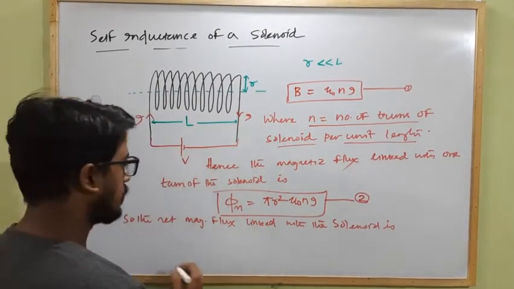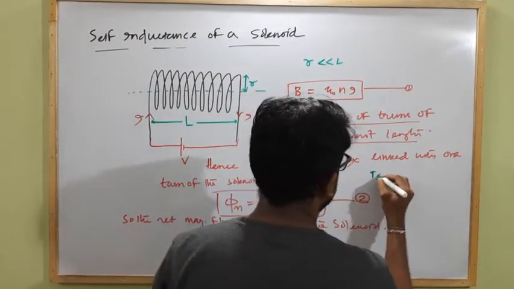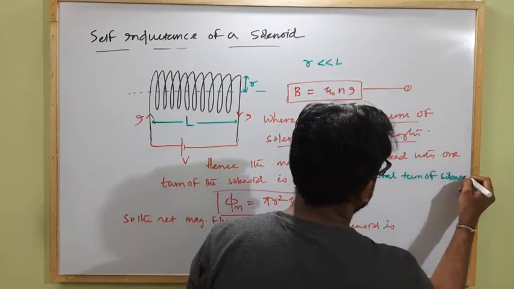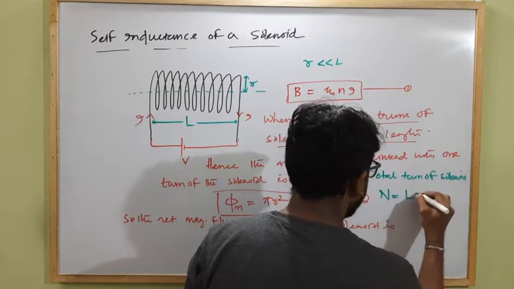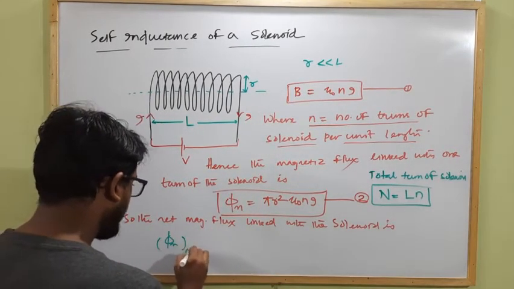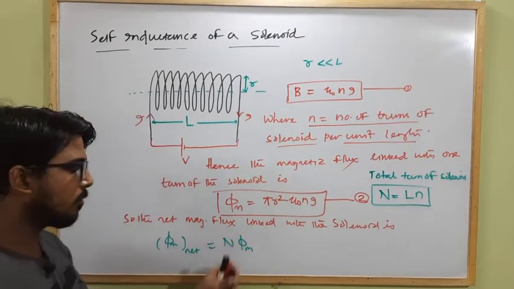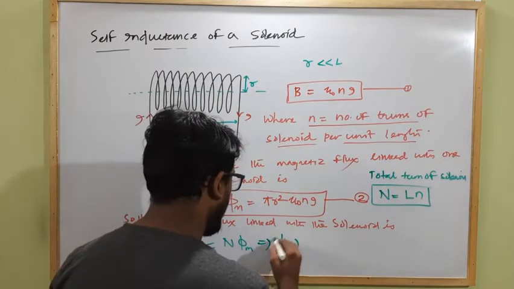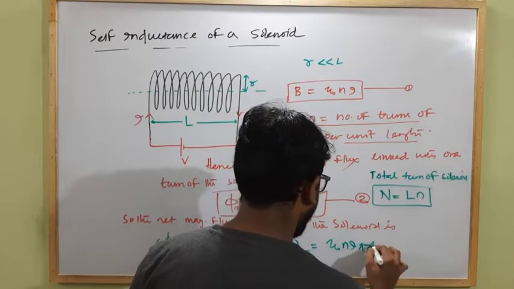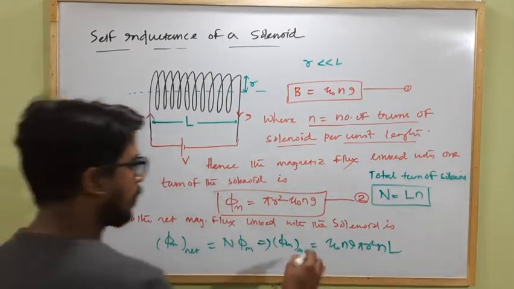So the total turns of the solenoid, capital N, equal total length into turns per unit length. Clear? So the net flux phi m net equals capital N into phi m, total turns into flux linked with one turn. So this implies phi m net equals mu naught n I pi r square n into l. Clear?